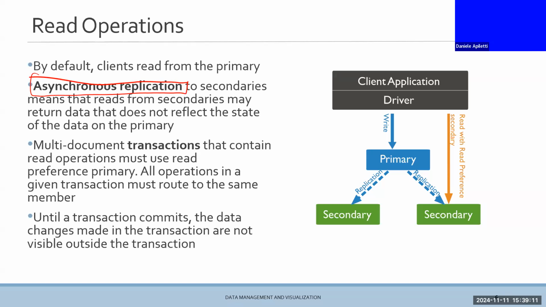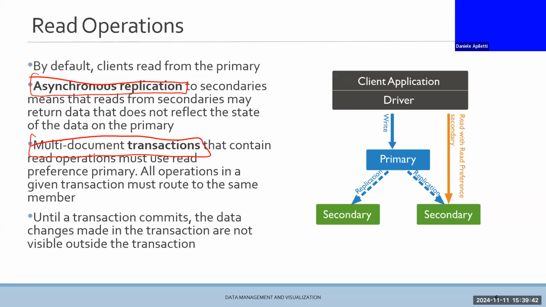And the second point is that you can also use multi-document transactions, which means that you can start a transaction which affects different documents. So you must change different documents, and then you stop when you end changing all the documents and you commit them all. Okay. And this, of course, is expensive, because you cannot stop in the middle. If you stop in the middle, everything must be reverted back.